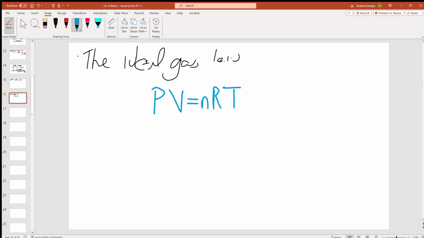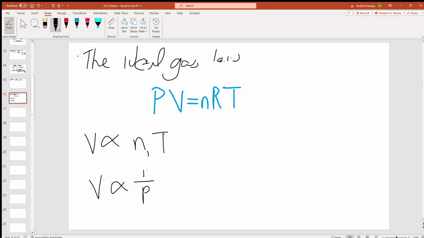The reason we can do this is if you think about what we've been talking about throughout this chapter, we know that volume is proportional to the number of moles and to the temperature. We also know that volume is inversely proportional to the pressure.